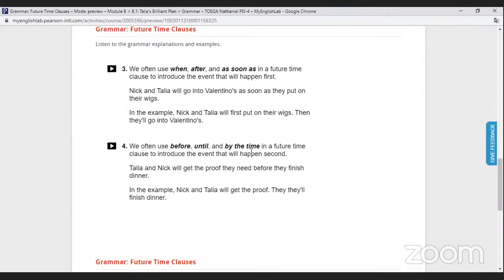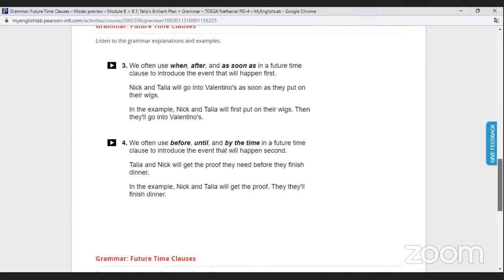Okay. The baby will not get the candy until he finishes his vegetables. Exactly. Very good. That's a sequence of events, right? Yeah. We're going to continue.